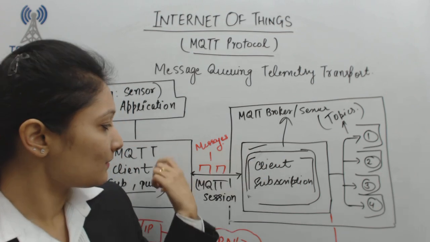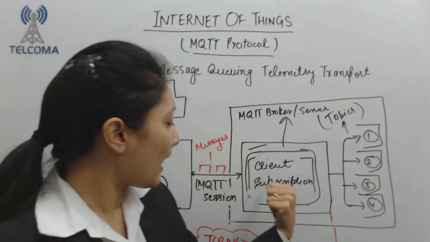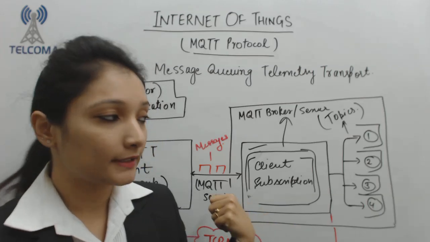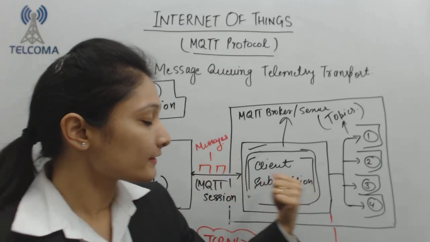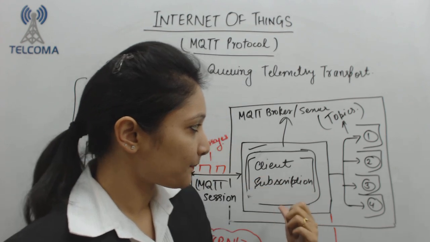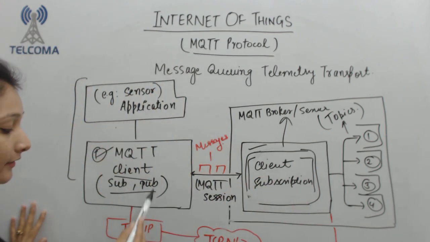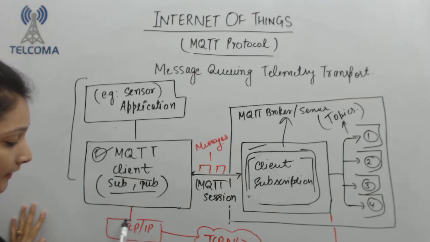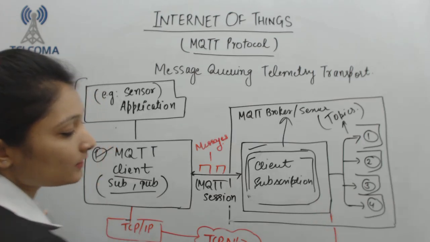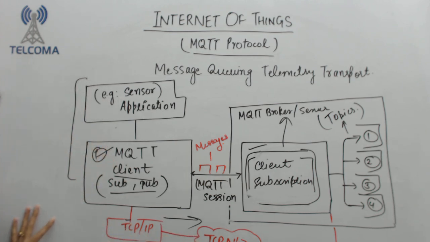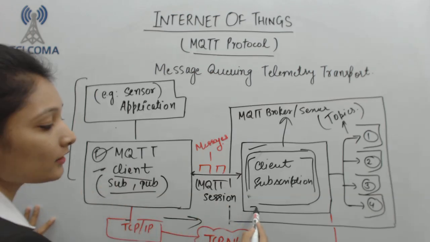So the session is just established here between the client and the server, and the various messages are exchanged here between these two entities in this particular session. So this is the application, this is the client. Then you are using this complete infrastructure on your TCP network here. It is connecting here your clients and the server.